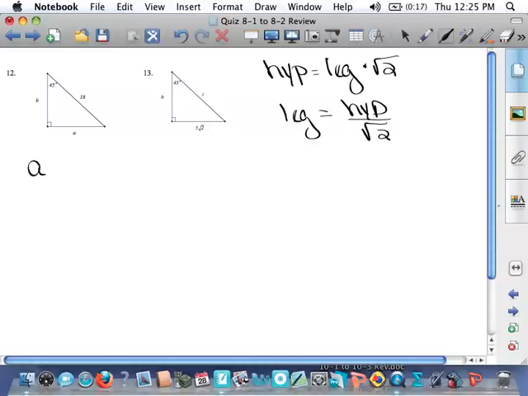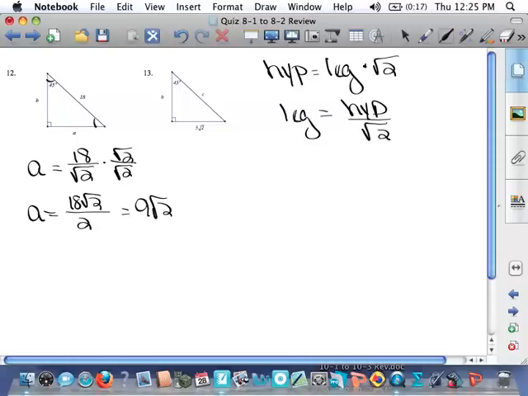So A is equal to 18 divided by the square root of 2. Rationalize the denominator. You'll get that A is equal to 18 root 2 over 2, which becomes 9 root 2. Also, this is a 45, 45, 90 right triangle. Therefore, A and B are equal, so B is also 9 root 2.